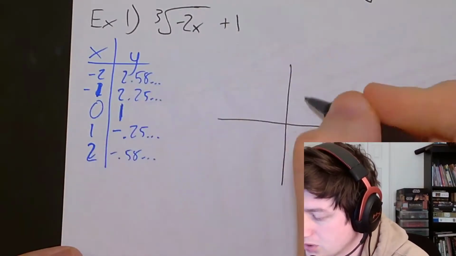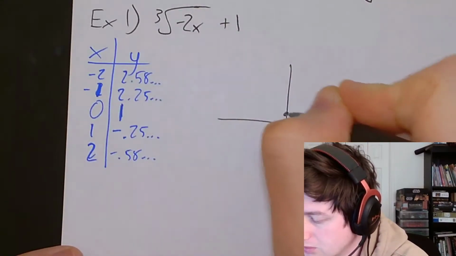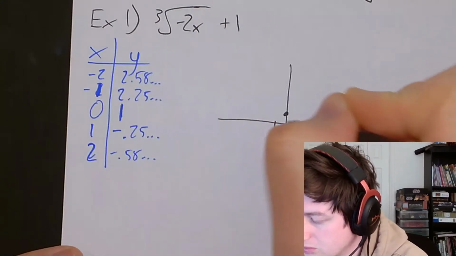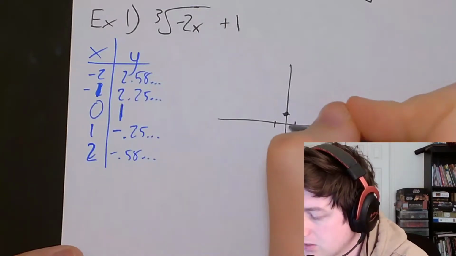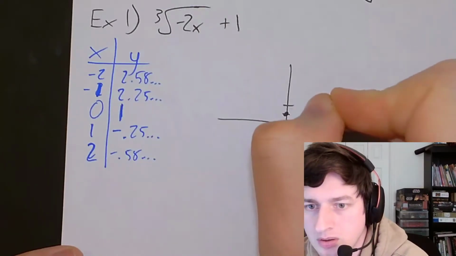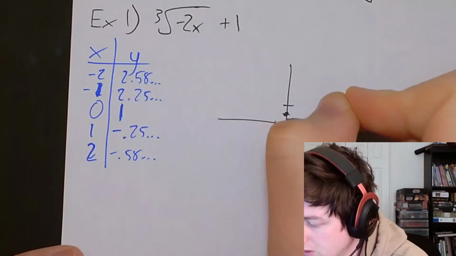So 0, 1, start at the middle. It's about my scale that I'm using. And then we would do back 1 and up 2.25.